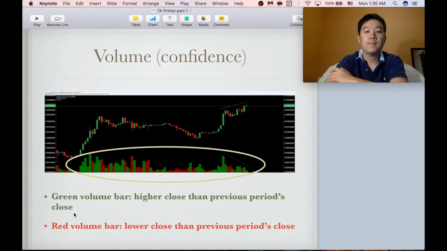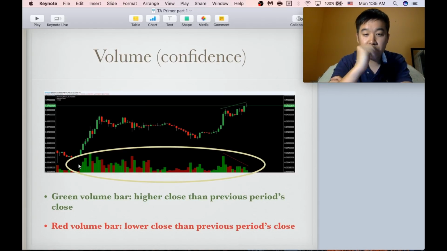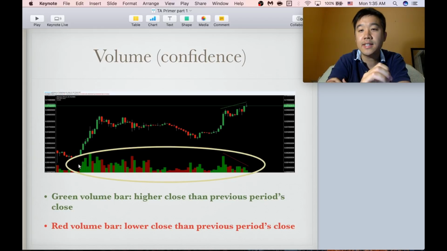Another thing that we saw earlier in TradingView is volume. What this does is it tells you how confident you can be of a certain direction change of the price. For example, if things are going up or down, but the volume is not large, then that might not mean as much as if the volume was very high at that point in time.